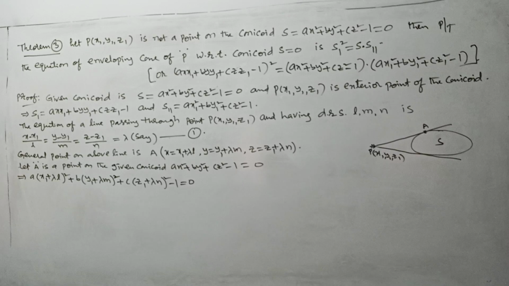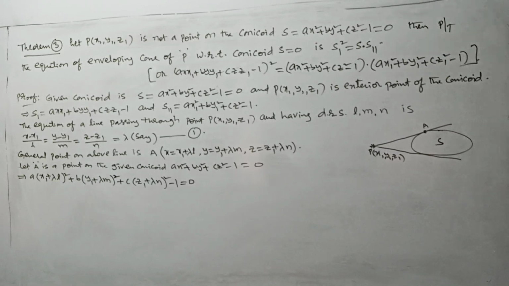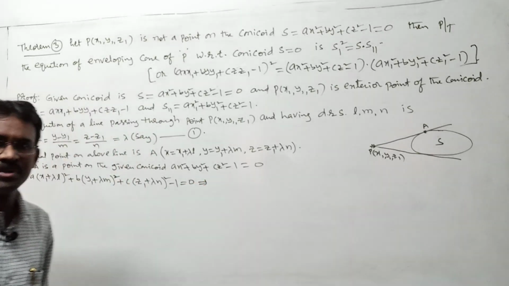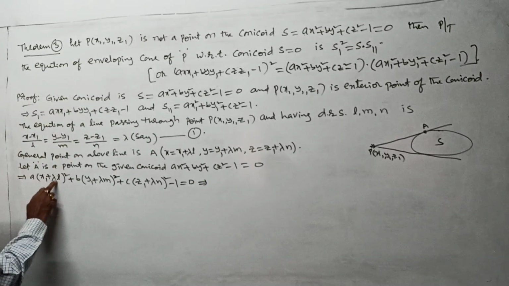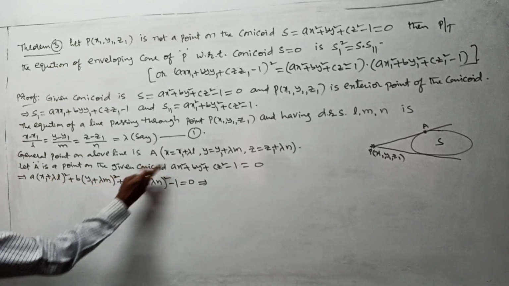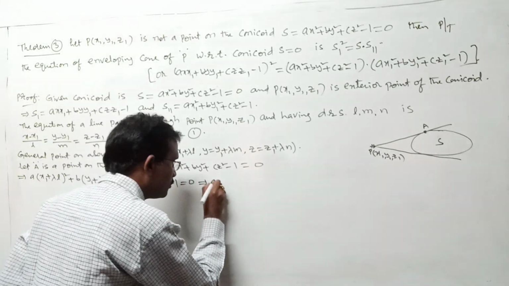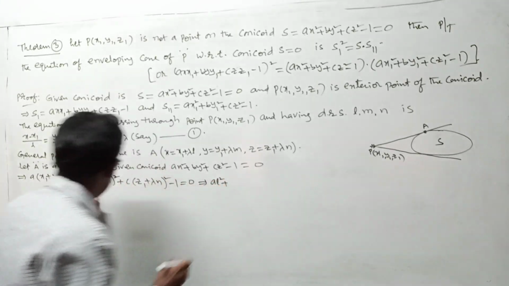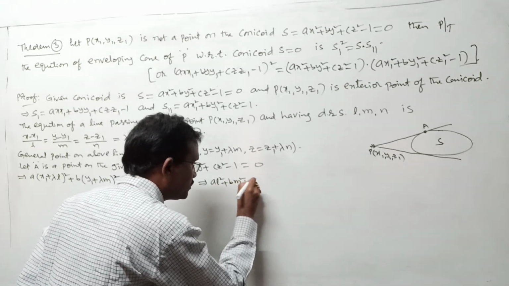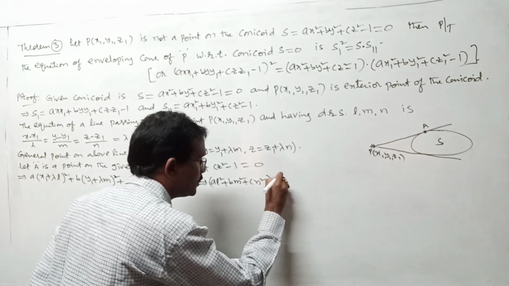After getting this, write it as a quadratic equation in terms of lambda. First I am going to write the lambda square term: a l square plus b m square plus c n square, into lambda square. This is the lambda square coefficient.